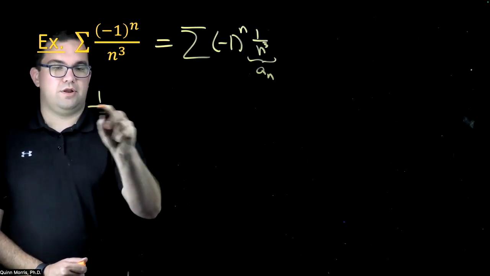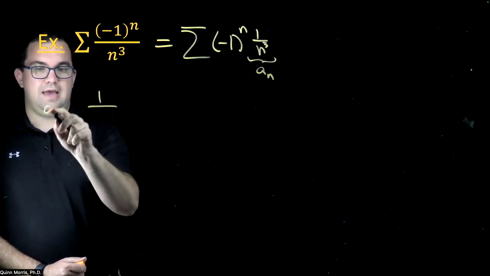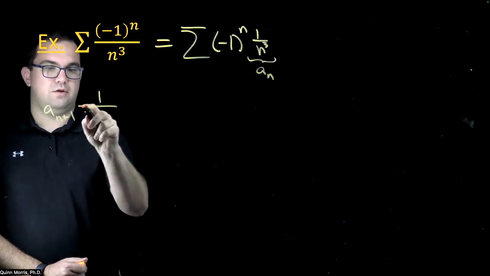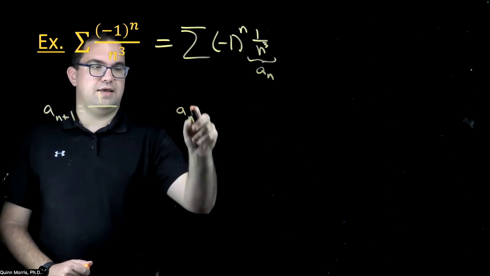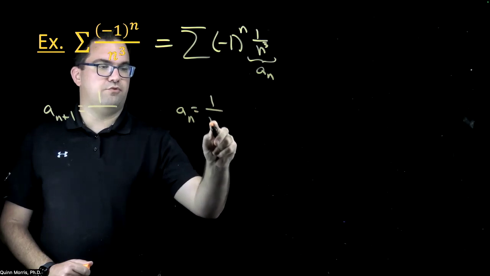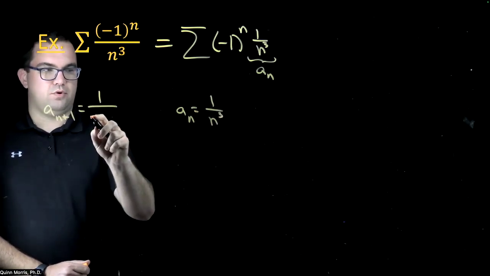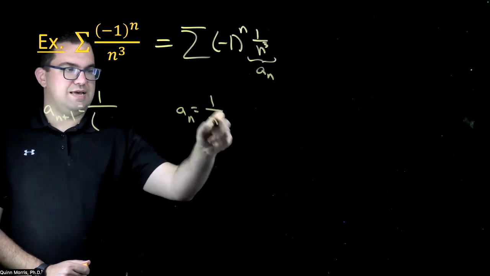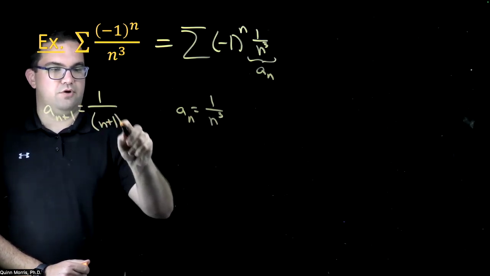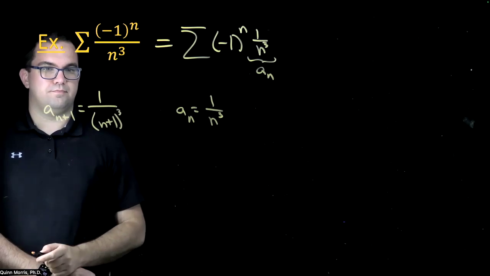I really want to know, how does a sub n plus 1 compare to a sub n? Well, a sub n is 1 over n cubed. A sub n plus 1 would be what? We'll replace the n with n plus 1, so it'd be 1 over n plus 1 cubed.